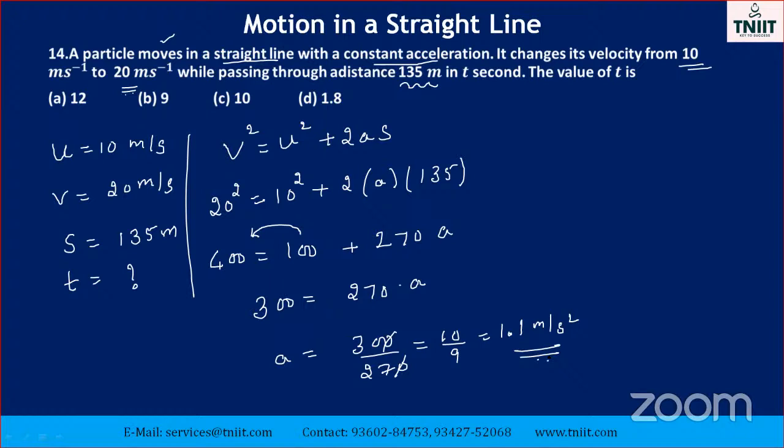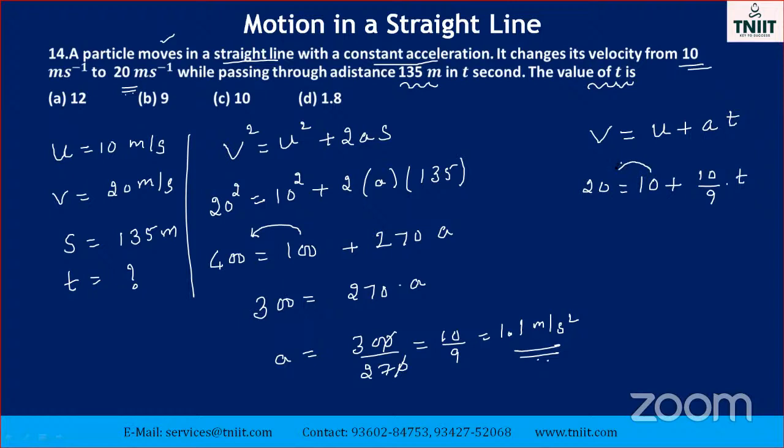But what they're expecting you to find is the time taken, the value of t, by using the formula v is equal to u plus a into t. What is the final velocity? 20. What about the initial velocity? 10. Acceleration, you can use either 10 by 9 or 1.1, into t.